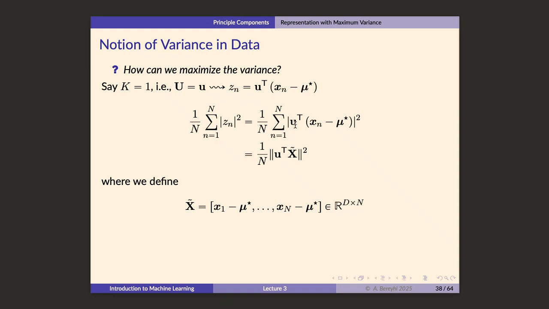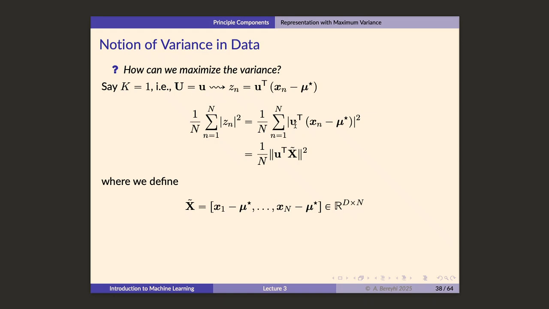What's going to happen? This U transpose is going to get multiplied with this one till the last one, right? So this is the same as multiplying U transpose with the first column, U transpose with the second column, and so on till U transpose with the last column.